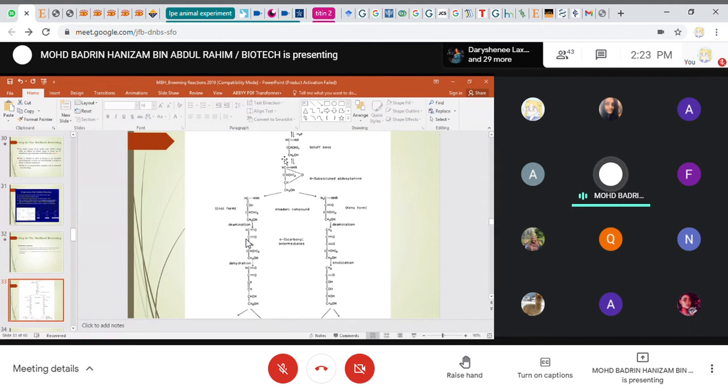Okay, this is the overview. This is quite complicated. It just shows you all the directions you can have from the Amadori rearrangement. You can have Schiff base reaction.